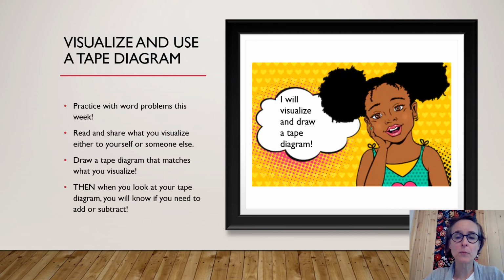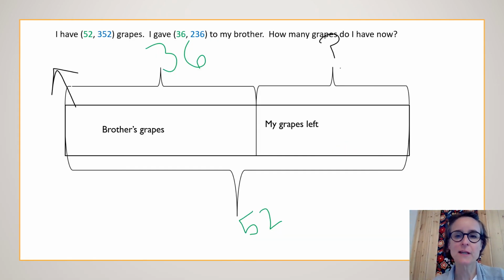This week you are going to practice visualizing and drawing tape diagrams that match what you visualize. Then you'll use those tape diagrams to help yourself decide whether you need to add or subtract. You have 10 word problems that you can use to help yourself practice.